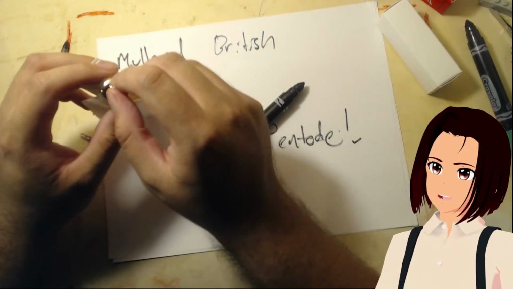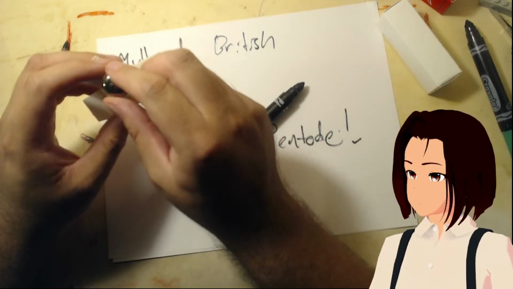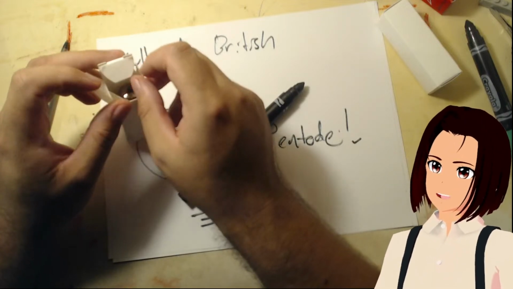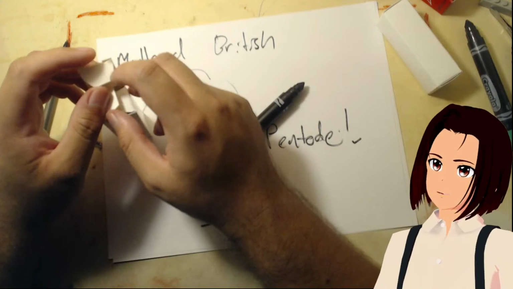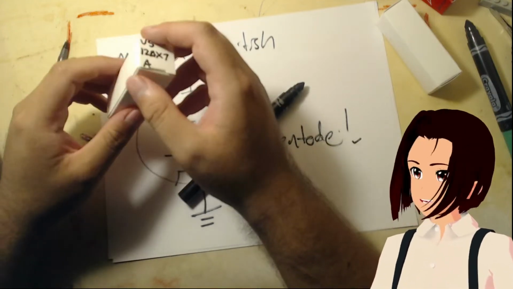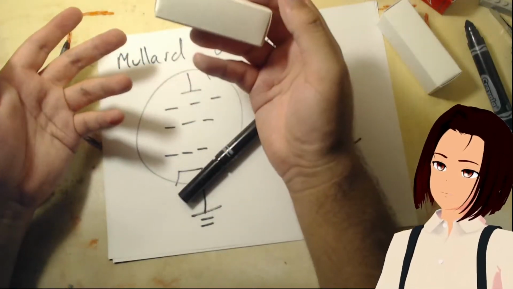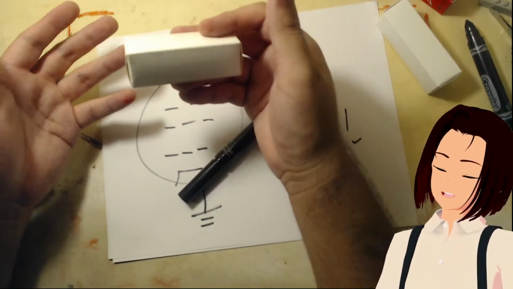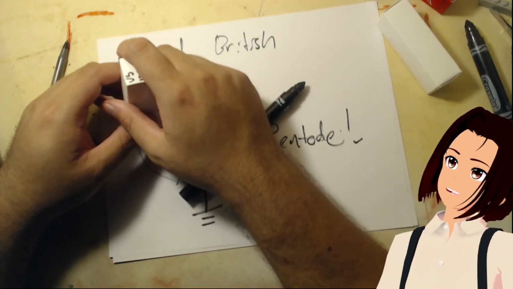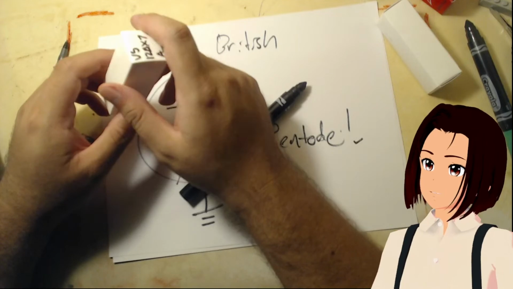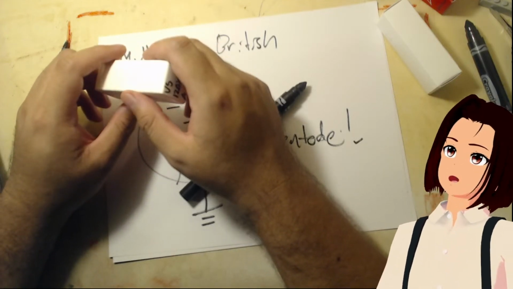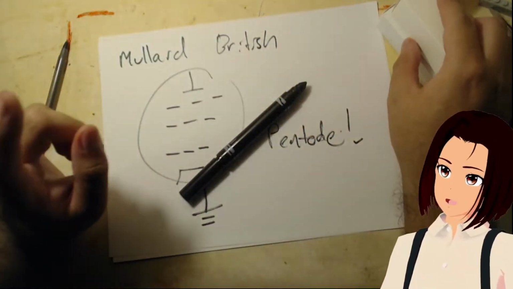If I got a beam tetrode or maybe a pentode, maybe even that, you could probably, nothing would happen, because it would be like an open circuit, because the grid doesn't have anything happening. Well, actually, let's see, in the grid. Oh shit. Yeah, don't do that.